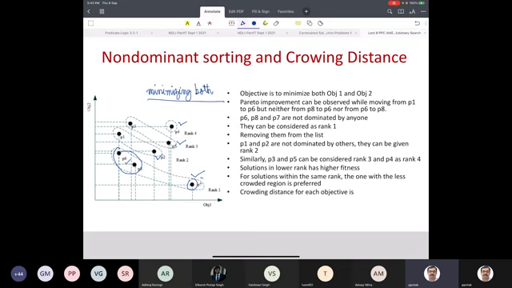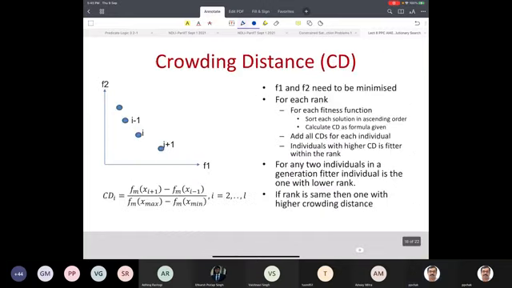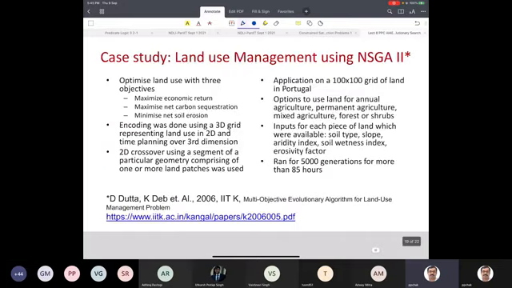And we know that the lower rank is a higher fitness. Based on this crowd distance calculation, you create the new pool. From there, you do the same crossover and mutation and proceed. So this small modification has been so widely used that it is probably one of the most popular algorithms ever.